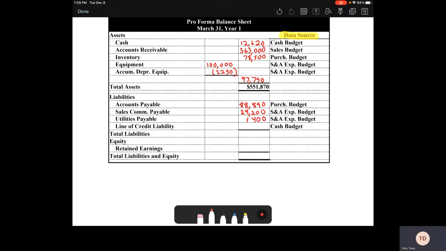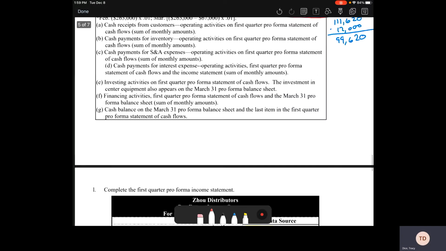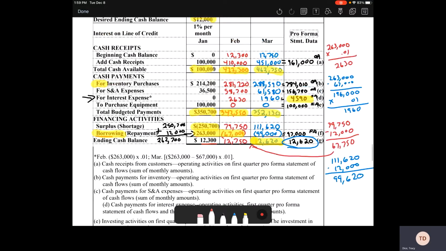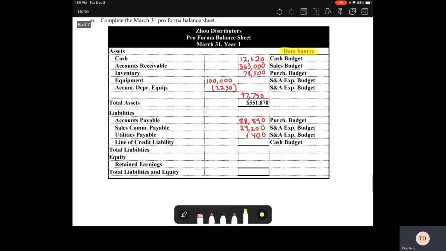Then our line of credit liability. This is going to be in our cash budget. How much do we still owe on our line of credit? When we're looking through all of this, we find out that our financing obligation at this point is $97,000. We still owe a debt of $97,000 to the bank.